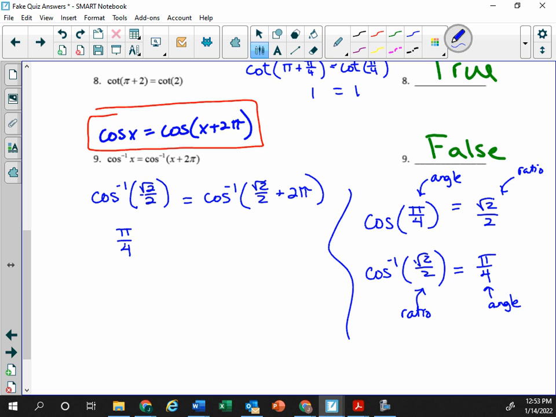Cosine, inverse cosine, they are different. All right? Yep. So what you wrote in the box, that would be true? That one would be true, yes. This one is true. Do you see how it's different? Okay. I know, it makes your brain hurt a little. It's like really understanding the difference between the cosine and the inverse cosine there.